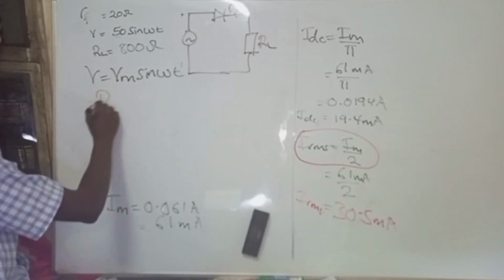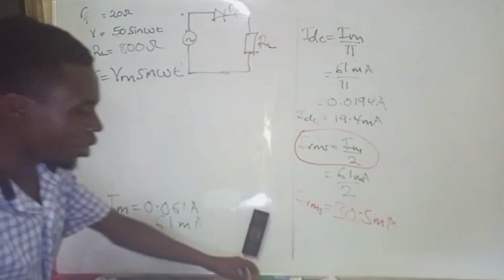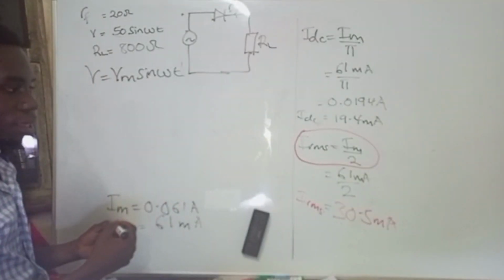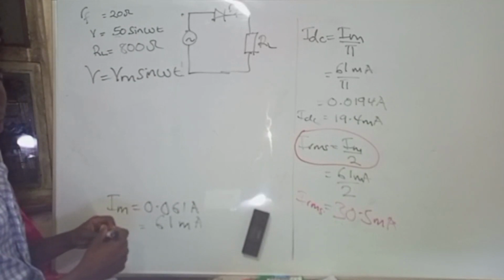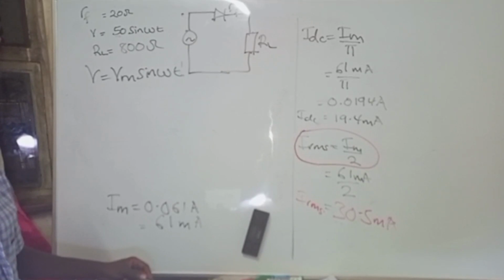We are not seeing what you're writing. Yes, I'm trying to figure out how to make it bigger. Maybe put the camera to where you've turned to. Oh, it is the other side. Sorry. Okay, thank you.